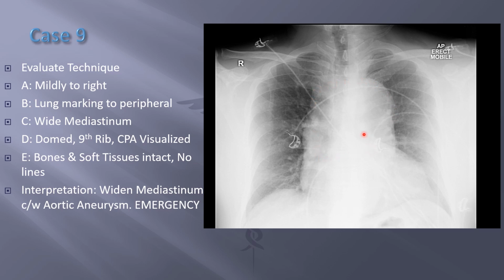So this is a cardiothoracic surgeon stat consult, or if you have interventional radiology at your hospital that can do endovascular procedures, where they can go up here and maybe stent that aneurysm. So you need to get these consults stat, and of course, if the patient is hemodynamically unstable, you need to manage that as well. So this is an emergency situation.